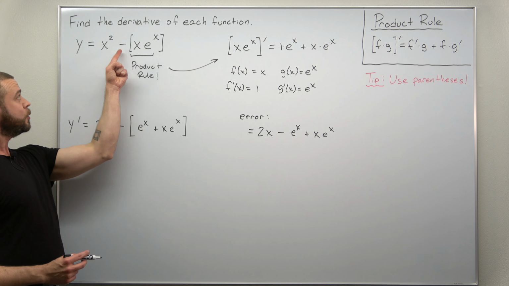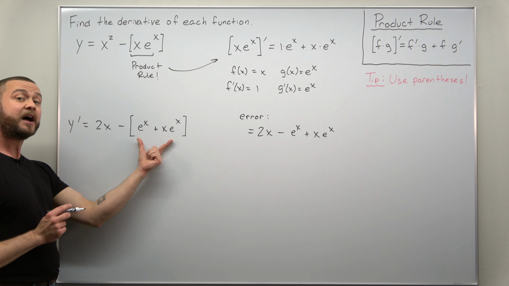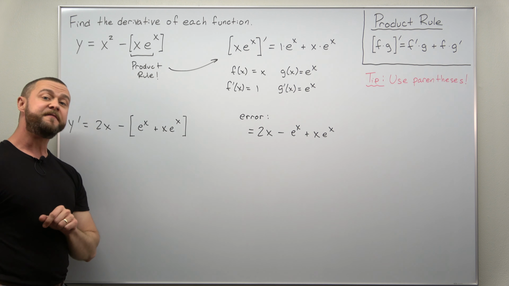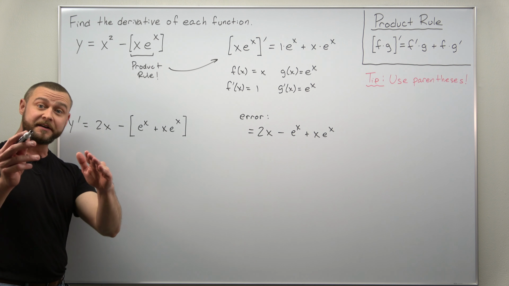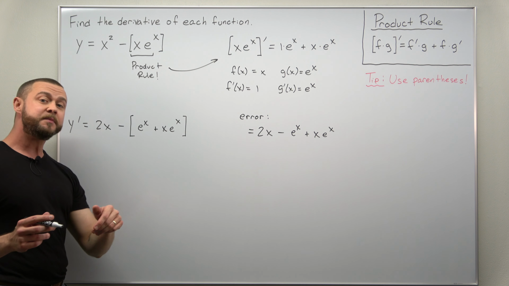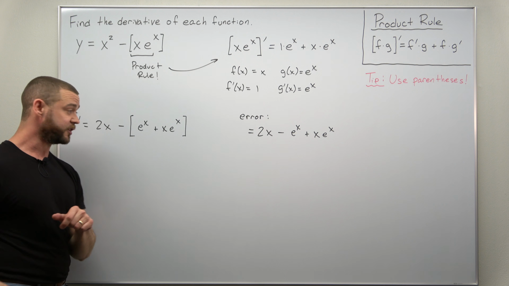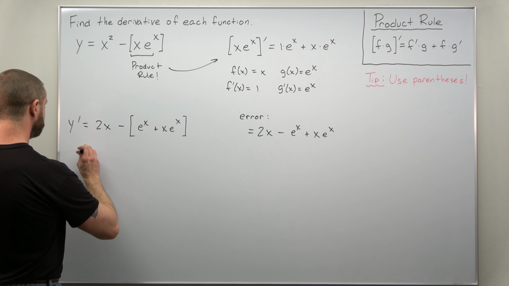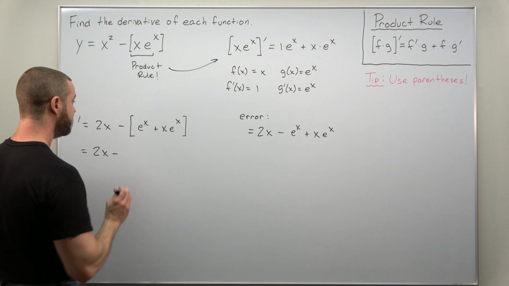All right, now from here, we can simplify this. You can go ahead and distribute that minus if you want, but you can also simplify here inside the parentheses or brackets by factoring out e to the x. And it's nice, where possible, to factor your derivative to make some of the other calculations and problems that you're getting to a little bit easier. So let's just write this as 2x minus, and I'm going to factor e to the x out from here.